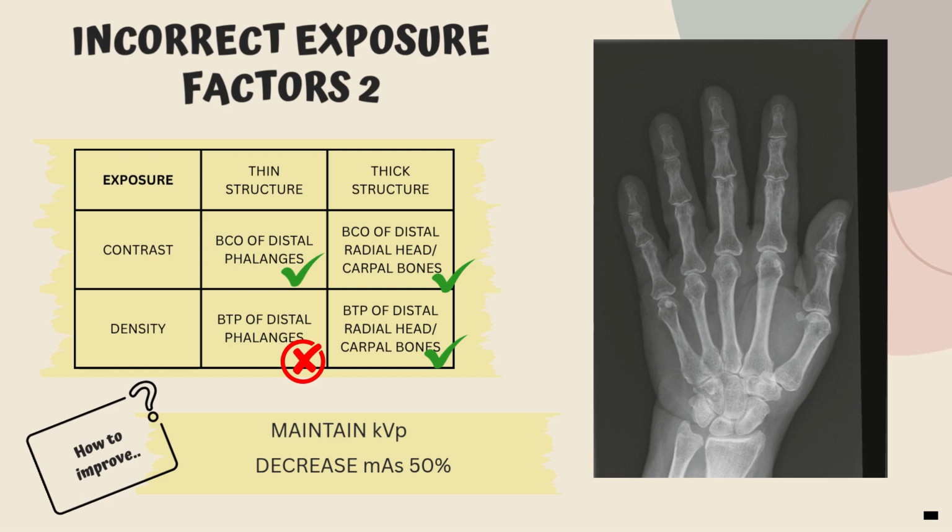For density, the thin structure, which is the bony trabecular pattern of the distal phalanges, is only fairly seen, which indicates that it is overexposed. And the thick structure, which is the bony trabecular pattern of the distal radius and carpal bones, can be seen. So to improve this exposure, we should maintain the kVp and decrease the mAs by 50%.